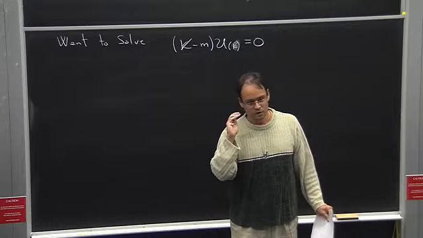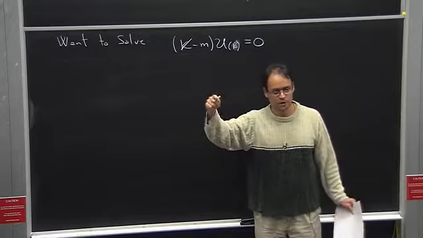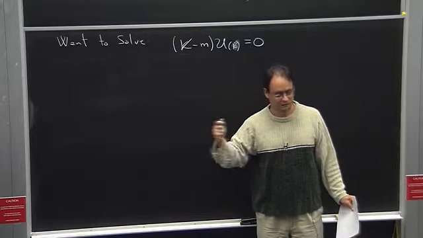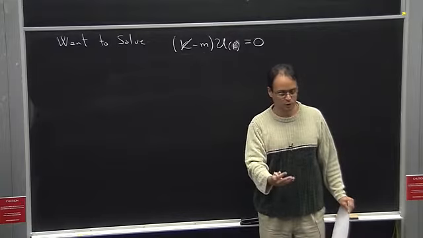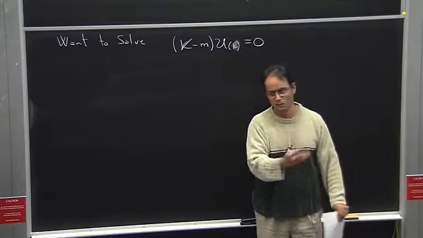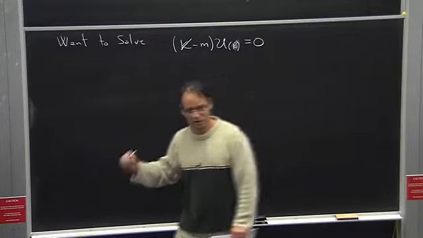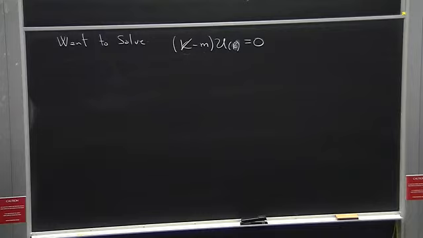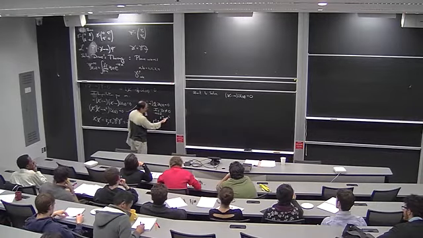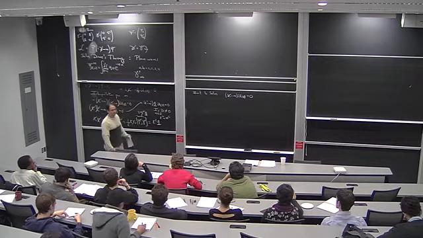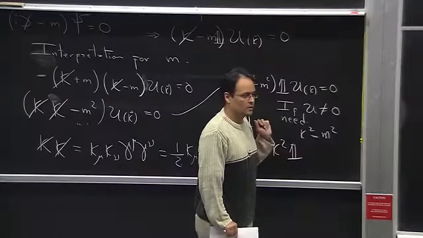So one invariant was made by taking the momentum operator squared, right? And we gave a name to its eigenvalue, and that name was the mass. So every time you see the eigenvalue of that operator, you call it the mass squared. So this is precisely what we're doing here.